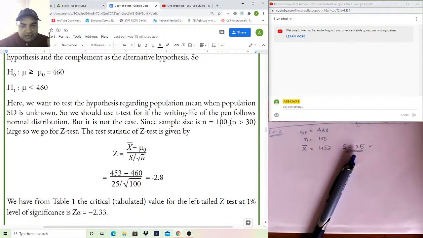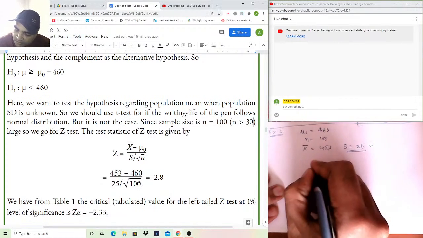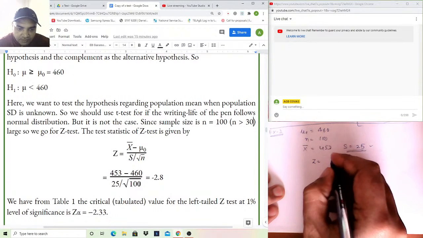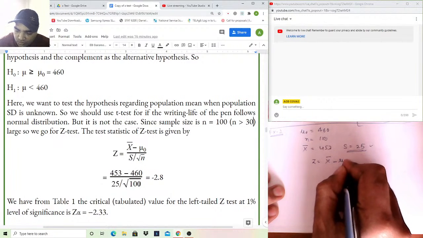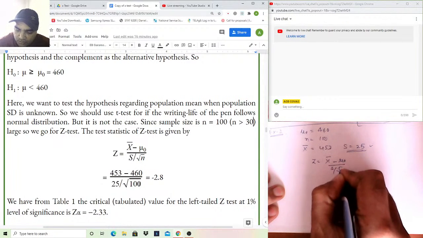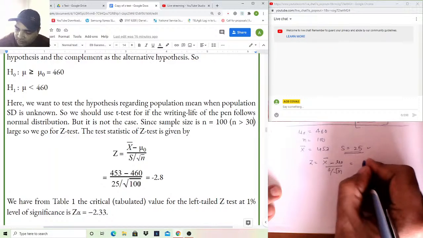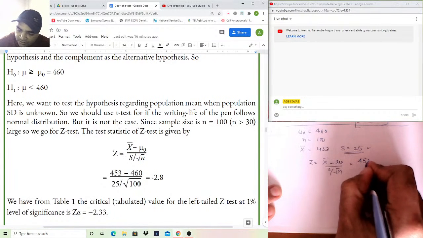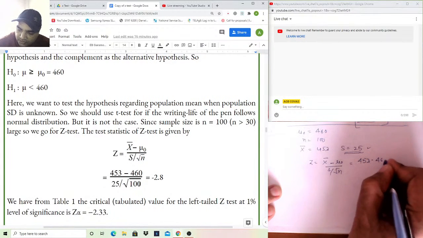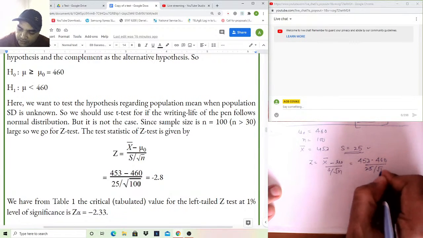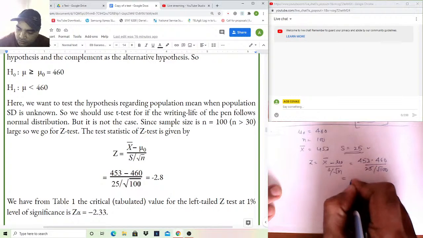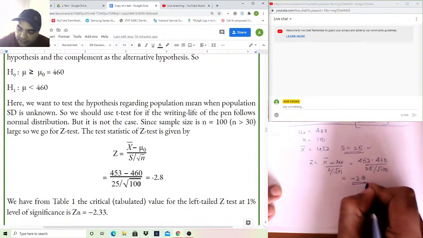Because n is 100, which is greater than 30, again we will apply the z statistic, but here instead of sigma, the sample standard deviation will come. So z equals x bar minus mu naught upon s upon root n. Your value will be 453 minus 460 divided by 25 divided by root 100, which comes out to be minus 2.8.